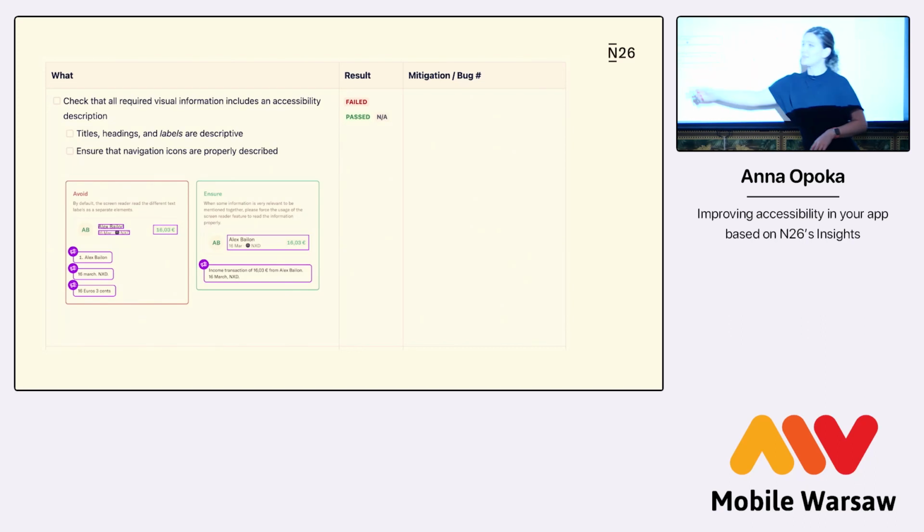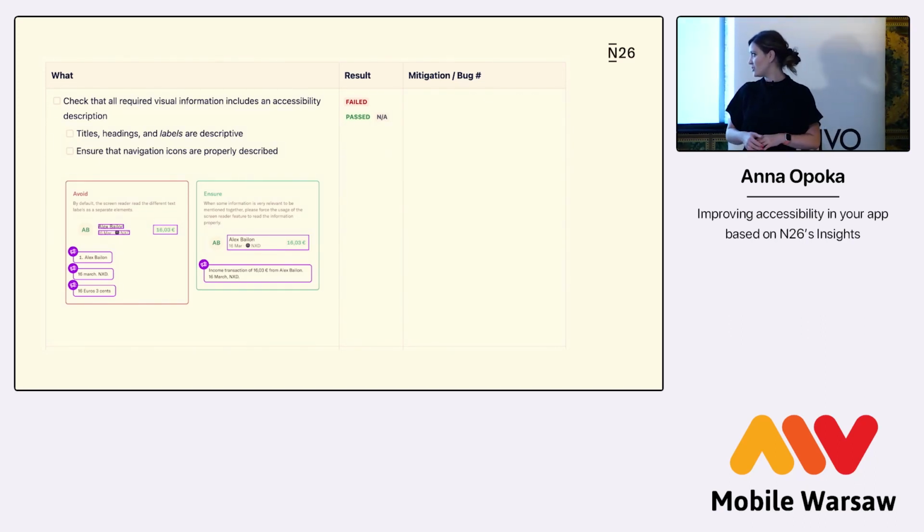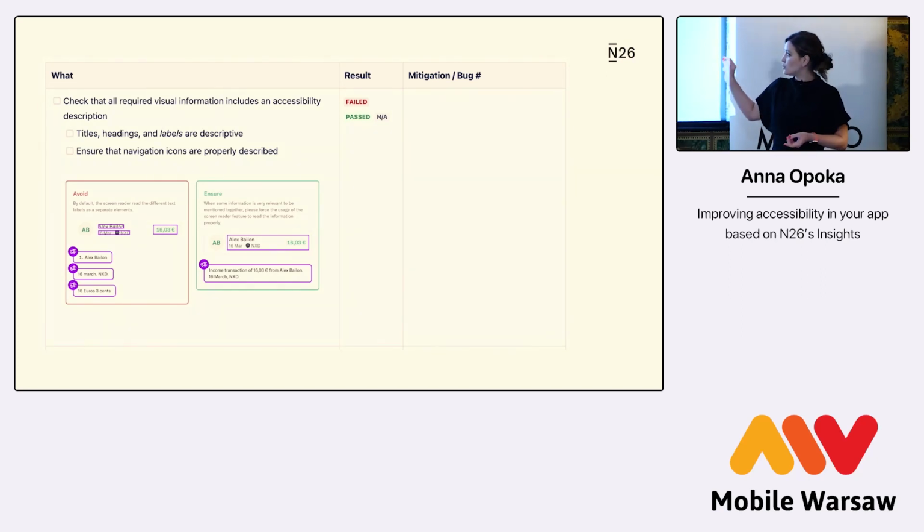Like here, we would hide the profile icon because it doesn't bring any new information to the user. And we would group the elements because normally VoiceOver would go through name, title, subtitle, amount. You need to swipe 3 times to access this information. Whereas if we group the information, the user swipes once and gets all the information from VoiceOver.